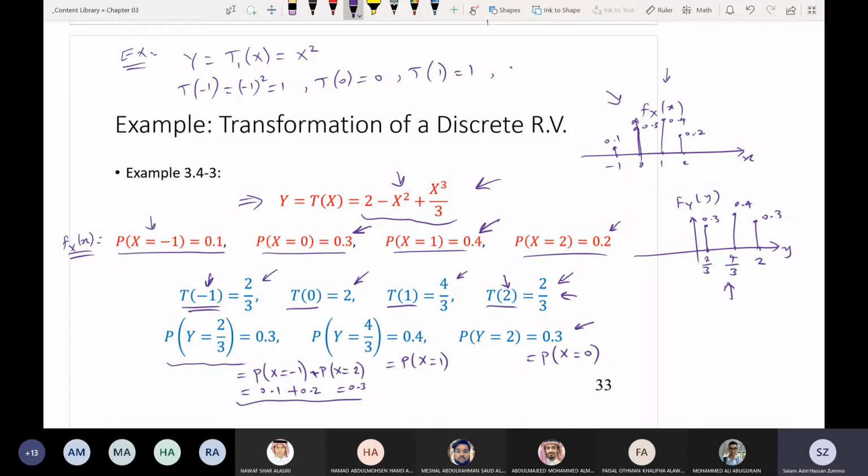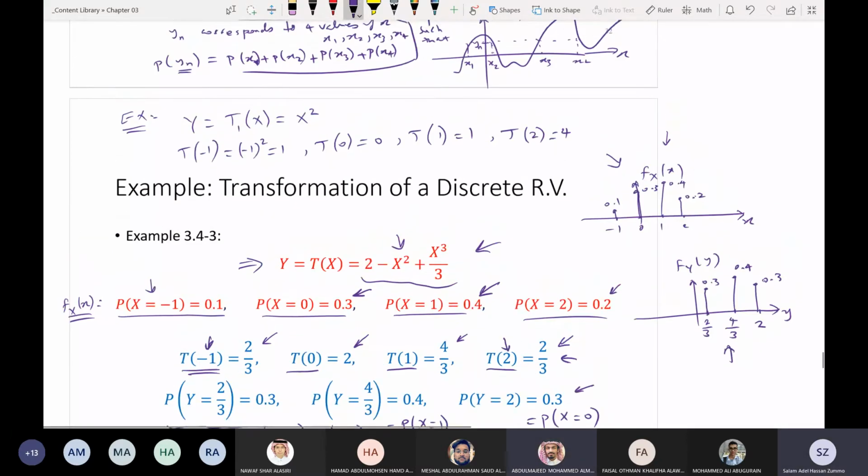And t of 2 is 4. So how many values does y take here? 3 values. So what is the probability that y equals, first of all, 1? The first value is 1, the second value is 0, so we have 1 here, 1 here, and then 0 and 4. What is the probability that y equals 1?